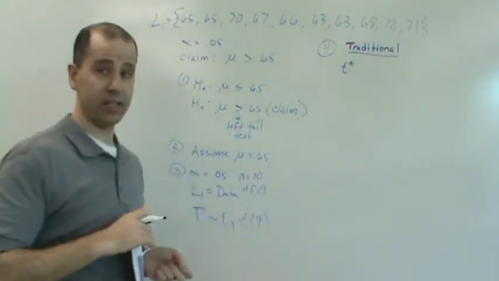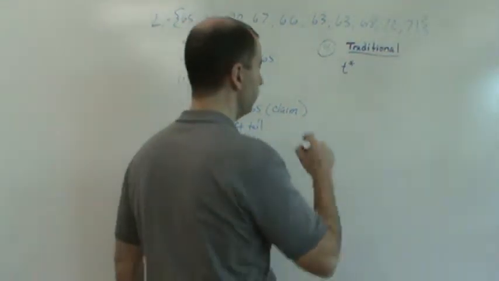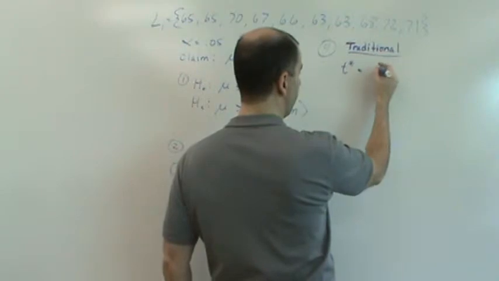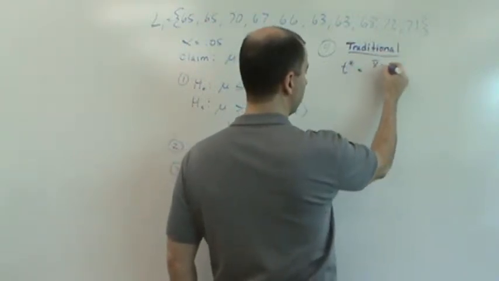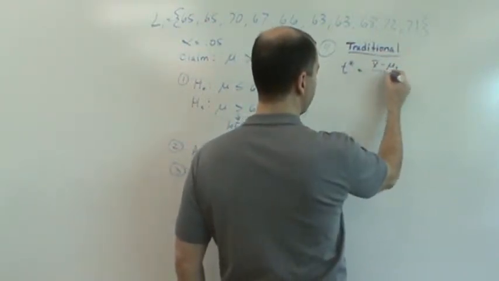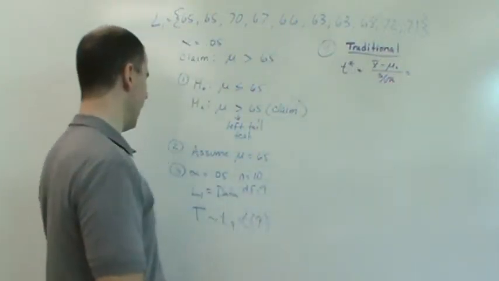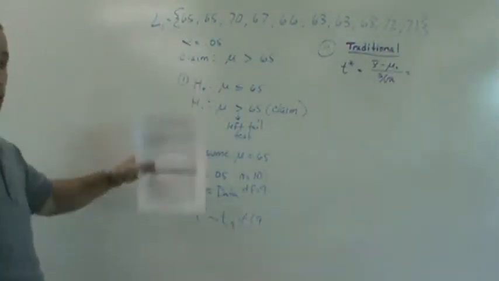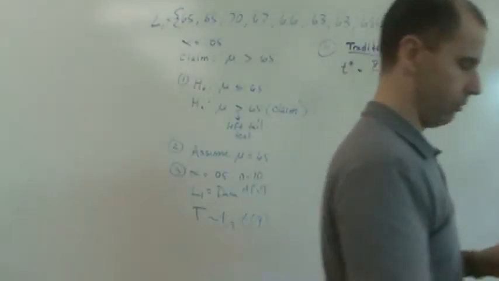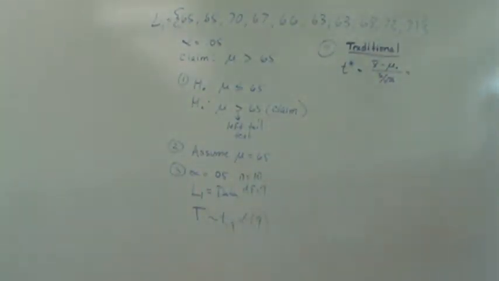Our t star value is going to be based on this formula: x bar minus mu naught divided by s over the square root of n. Now, how are we going to get s? Well, we're going to use one-variable stats on our data. That's how we're going to get our s.